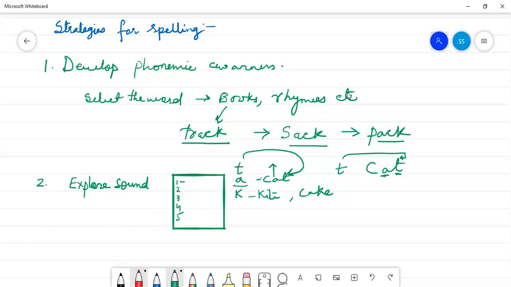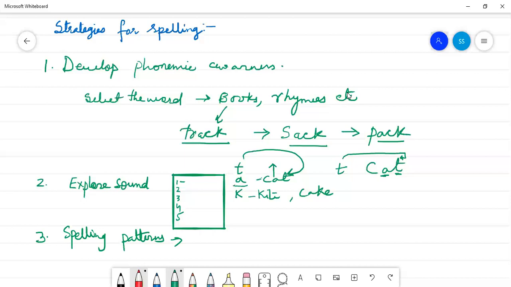Then you can also use spelling patterns. Spelling patterns are also a very good strategy where you can make your child learn. Here you need to tell the children that thinking about what a word looks like is a useful spelling strategy.